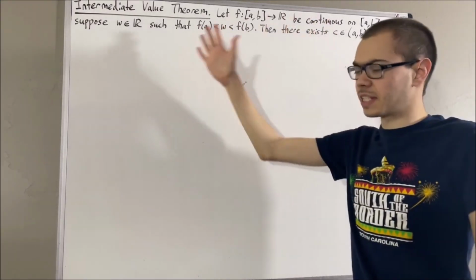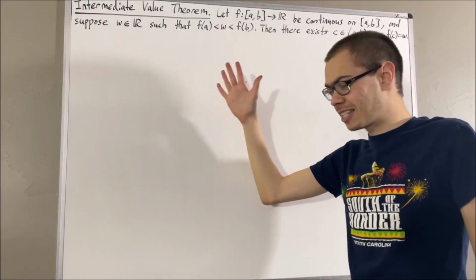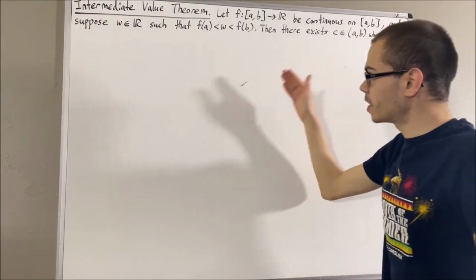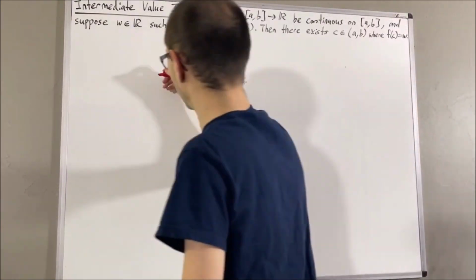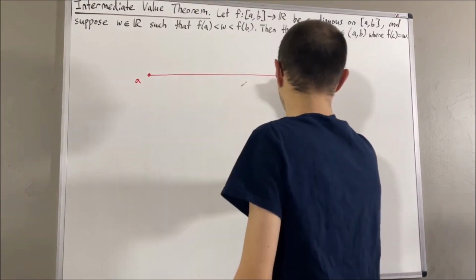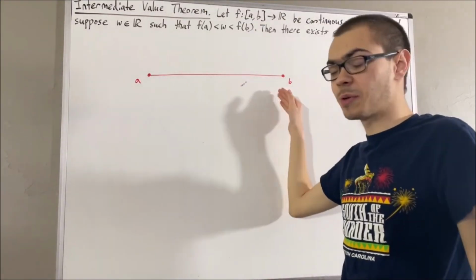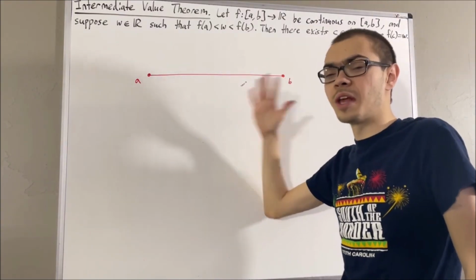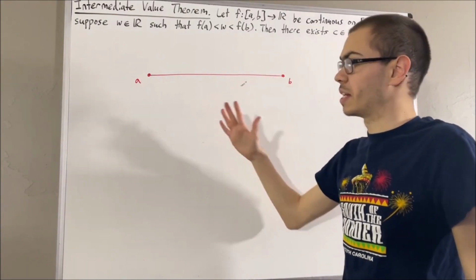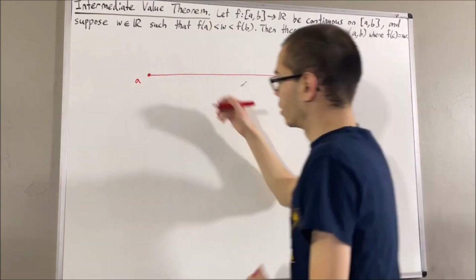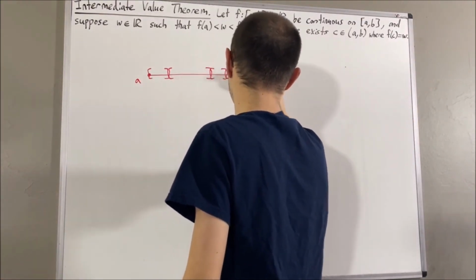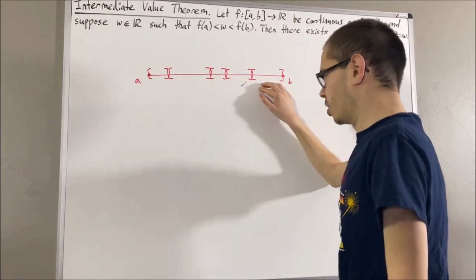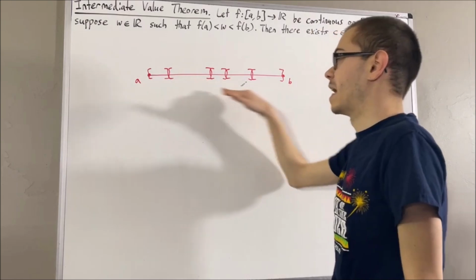Now, in proving this theorem, we are going to be using the concept of partitions of an interval. So if we consider our closed interval [a, b], well then a partition of [a, b] is a collection of non-overlapping closed intervals whose union is [a, b]. So for example, this collection of closed intervals would be a partition of [a, b].